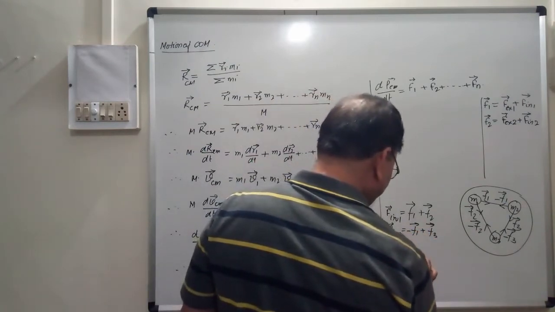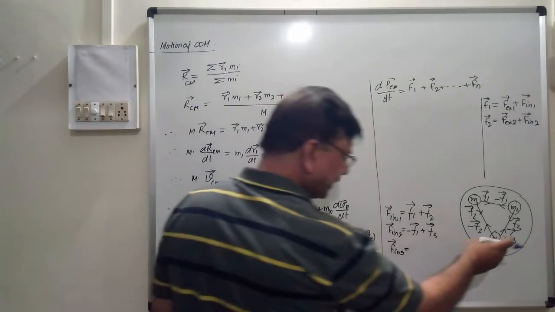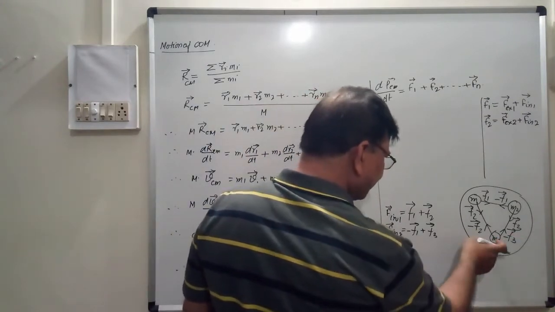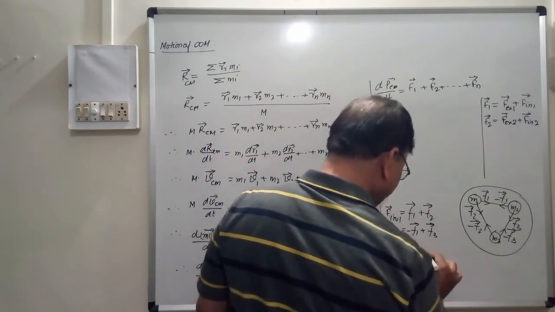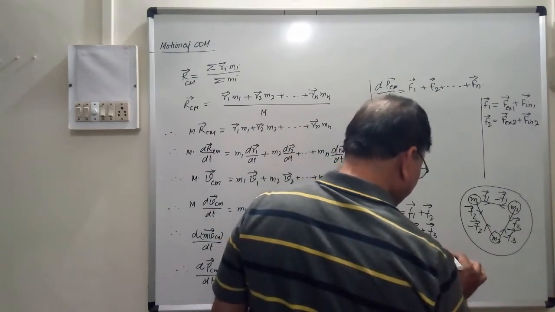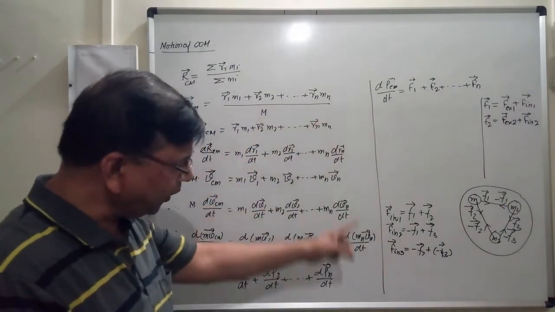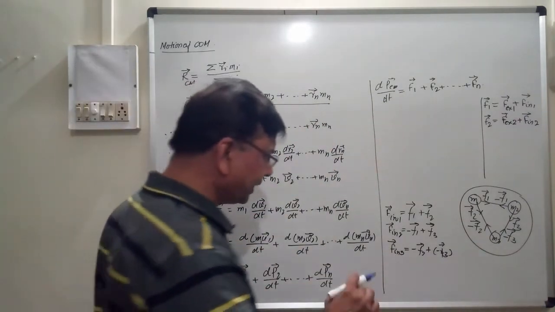Likewise, F internal 3. If we look at the internal forces acting on the third particle, we will get minus F2 and minus F3. These two forces are acting on this. And if you add all these internal forces, what will you get?